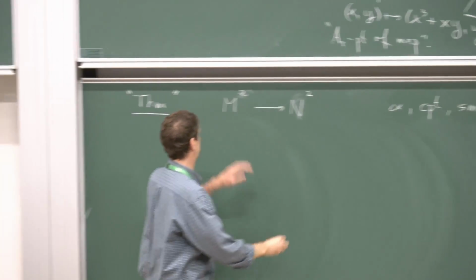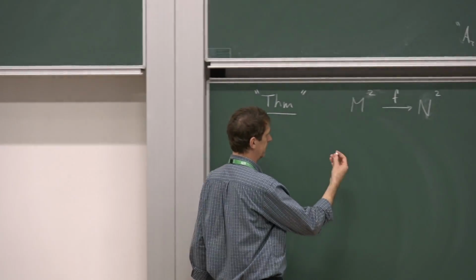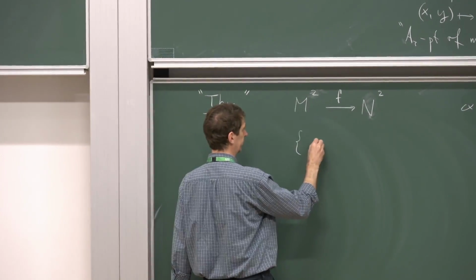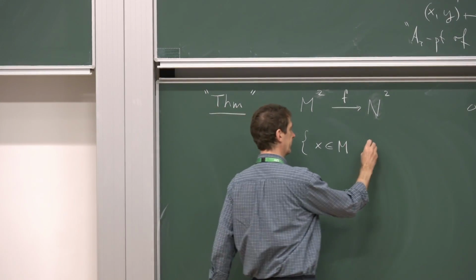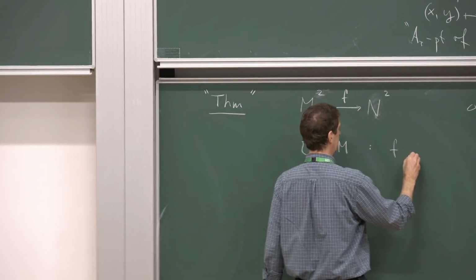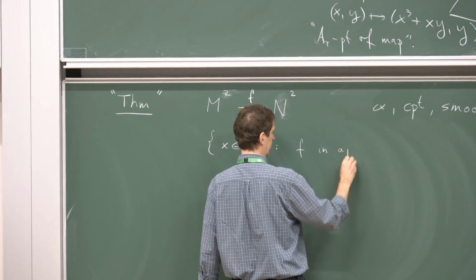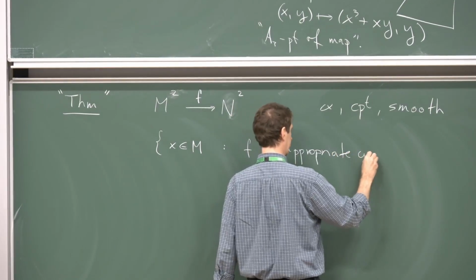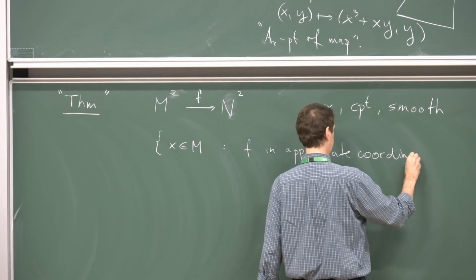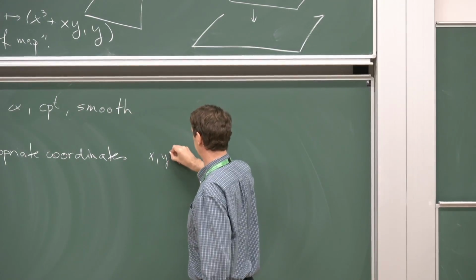And this is a holomorphic map, the small f. I want to consider those points in the source where f, in appropriate coordinate systems, can be written as the last one, the A2 points.